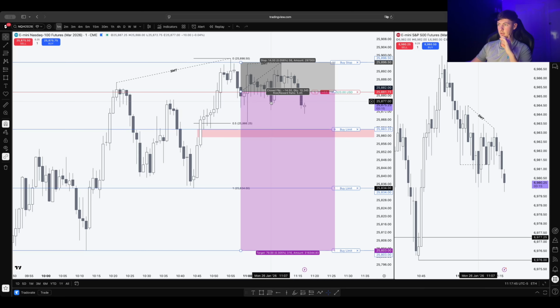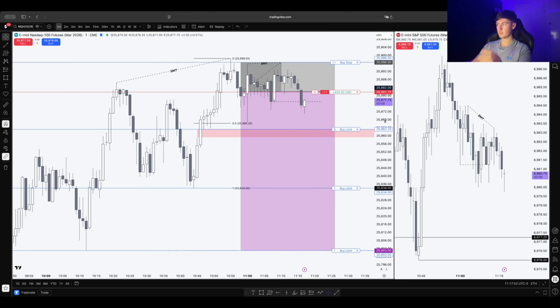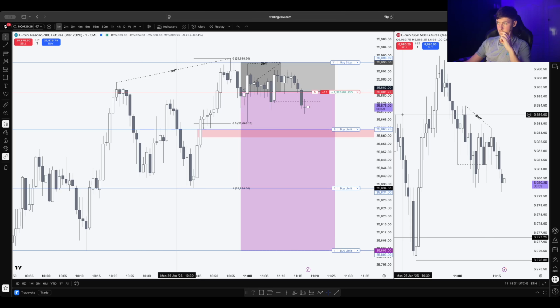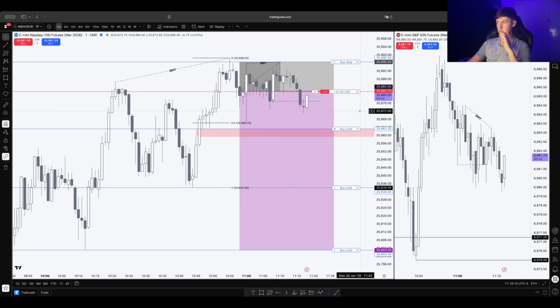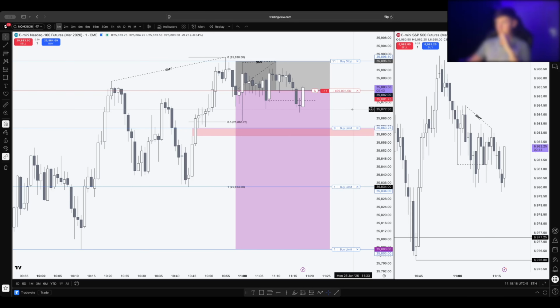Now this down close candle right here is a breaker block. Okay, so we just retraced. Oh wow.